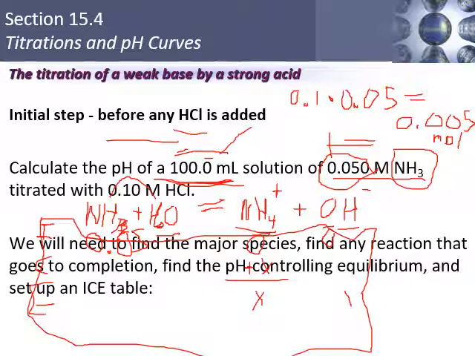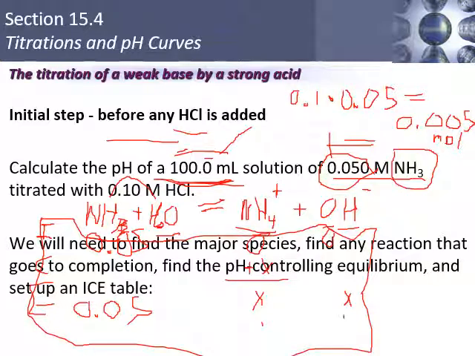And what are we going to have over here on the left-hand side? 0.05 minus X, which we're going to write as just 0.05. Forget about the X. Assume it's negligible. And we're going to wind up with X times X here and here.